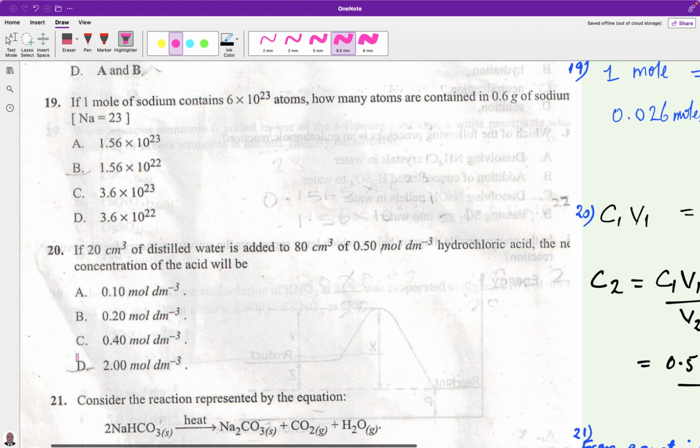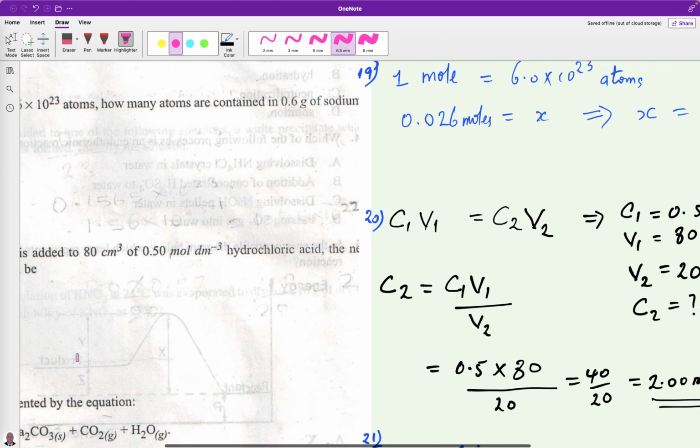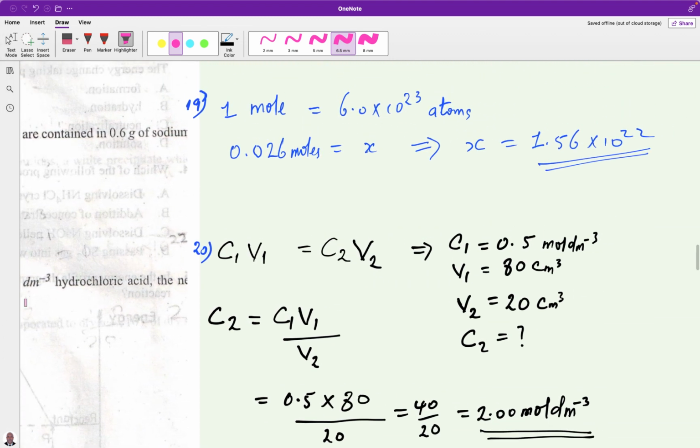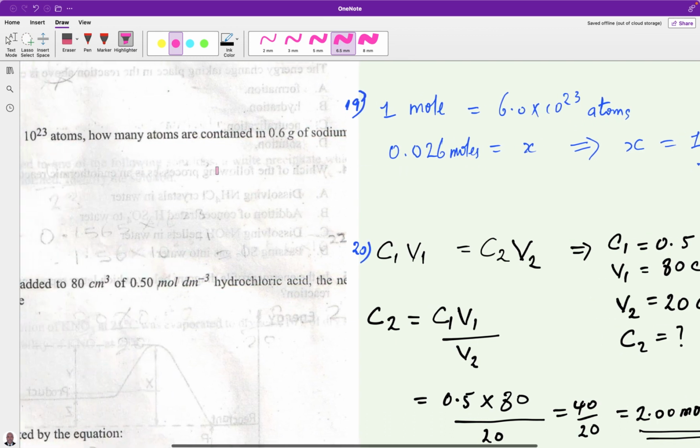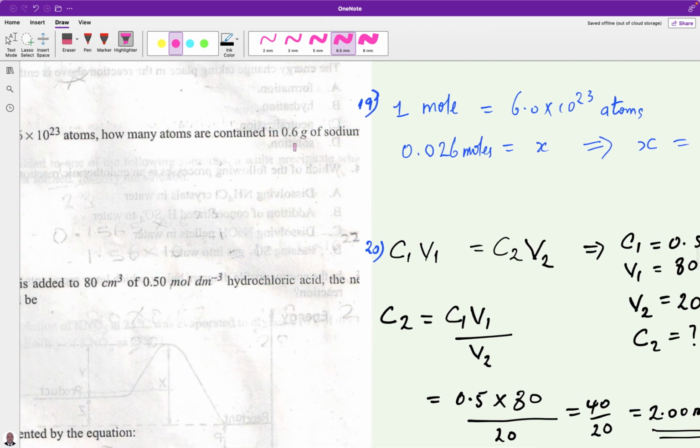Okay, let's look at the calculations. 1 mole is equal to 6.0 times 10 to the 23rd atoms. Then 0.6 gram, to have the number of moles of sodium, is 0.6 divided by 23, which is the relative atomic mass of sodium.